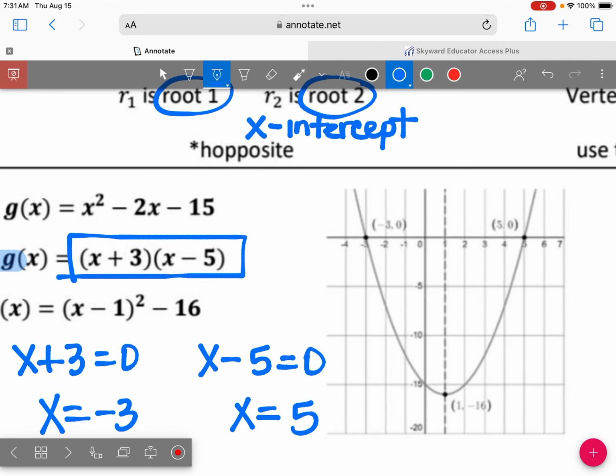And I just want you to notice in this graph, do you see where this graph crossed the x-axis? See, it crosses where we thought it would. It crossed at the -3 and it crossed at the +5.